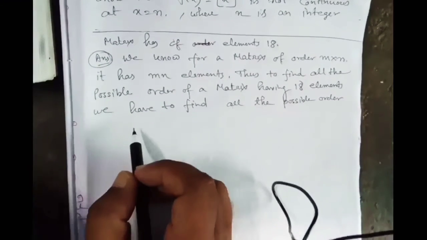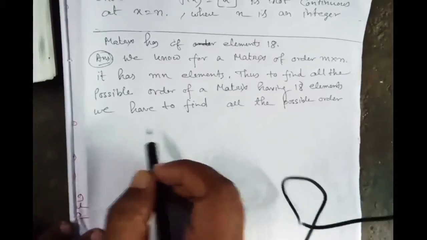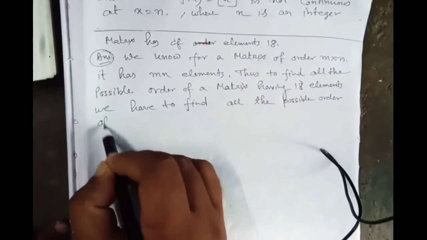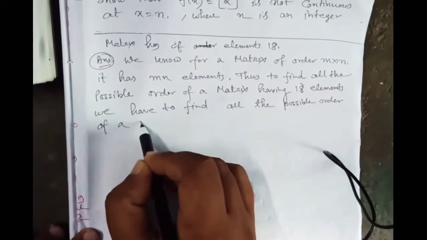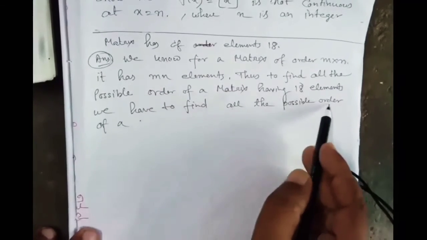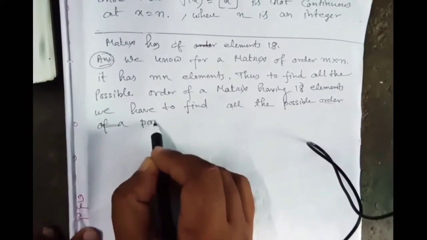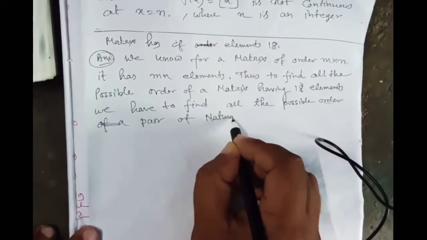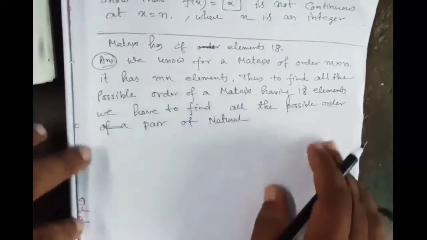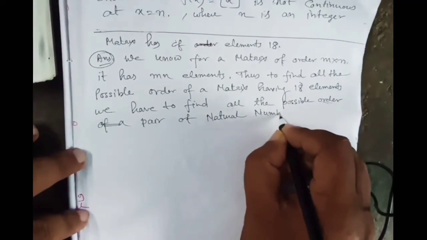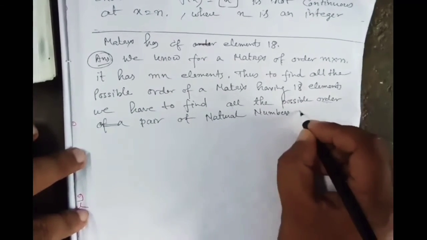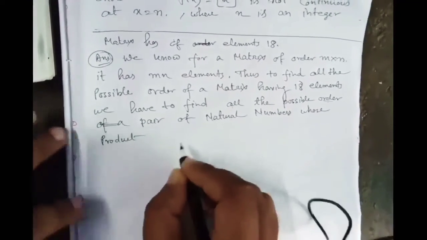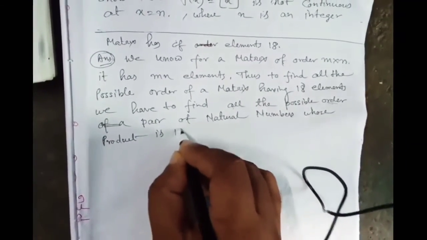Okay, all the possible order pairs of natural numbers whose product is 18.